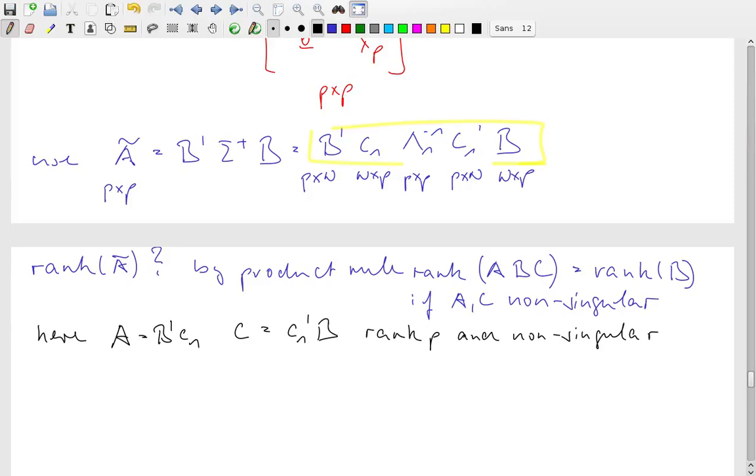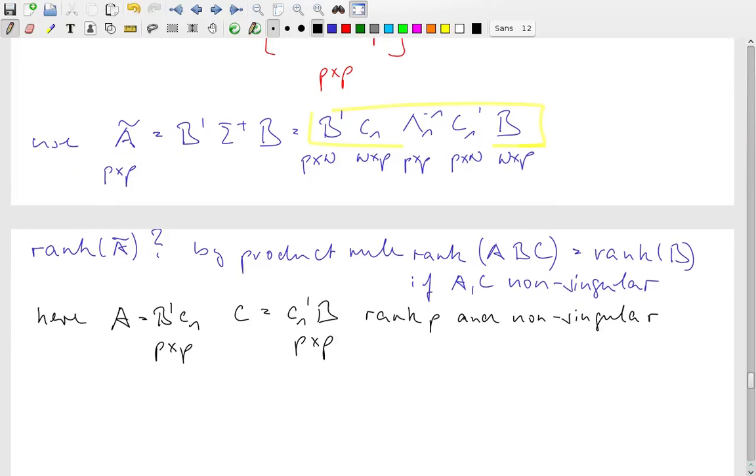Okay, so maybe we'll write the dimension here. I'll write the dimension of these two matrices, and there's no reason that these matrices should have some linear dependencies built in. They should be a full rank P, such that the rank of A tilde is then determined by the rank of lambda 1 to the minus 1.